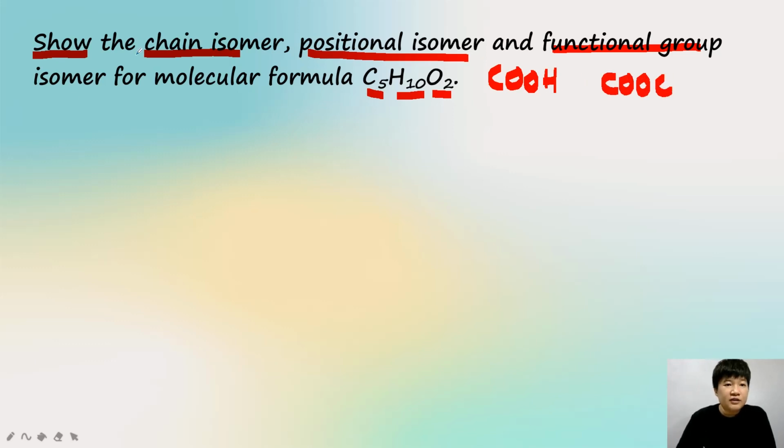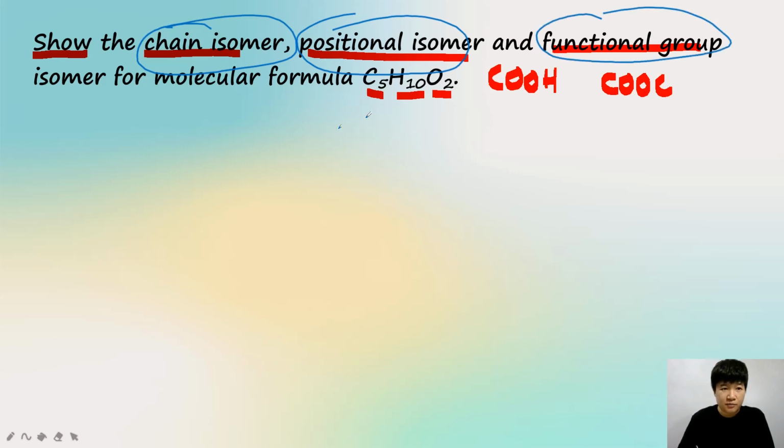Okay? For this type of question, you do not need to draw everything. You only need to draw a pair for chain isomer, a pair for positional isomer, and a pair for functional group isomer. And like I always say, make sure you label them. So if I'm drawing for chain isomer, make sure you label this is chain isomer. So the chain isomer, I'm changing the longest carbon chain.